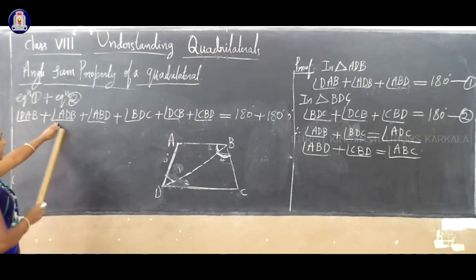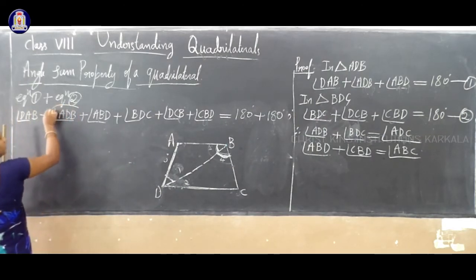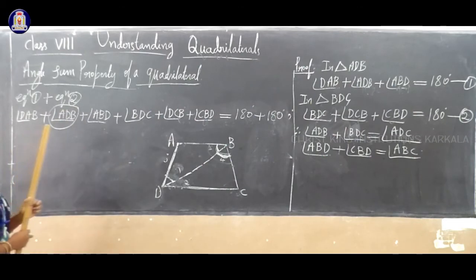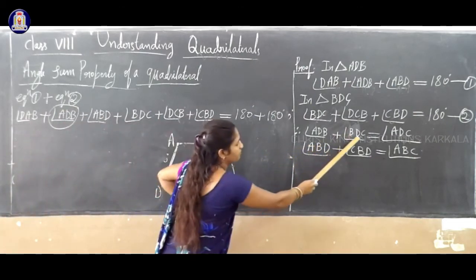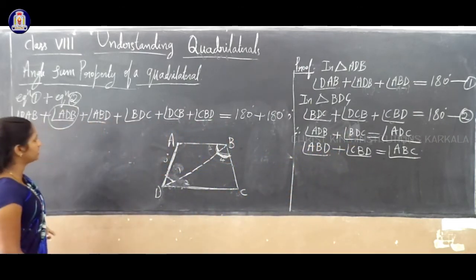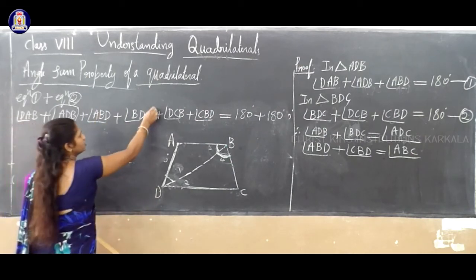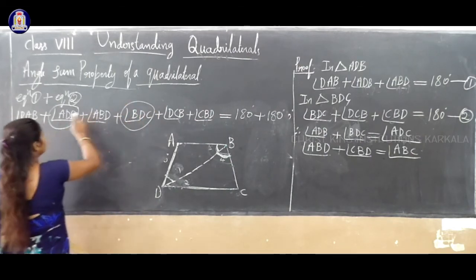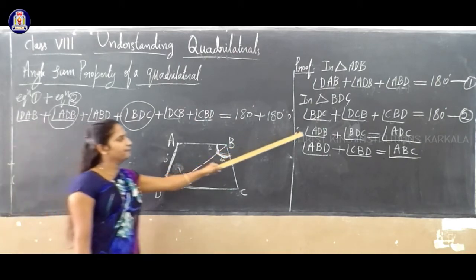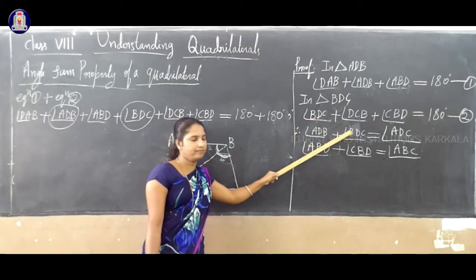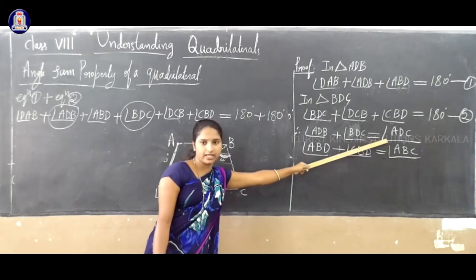So in this equation, is there ADB? Yes, ADB is here. ADB plus BDC. So where is angle BDC? Here is angle BDC. So if you add these two, ADB plus BDC can be written as angle ADC. Clear?